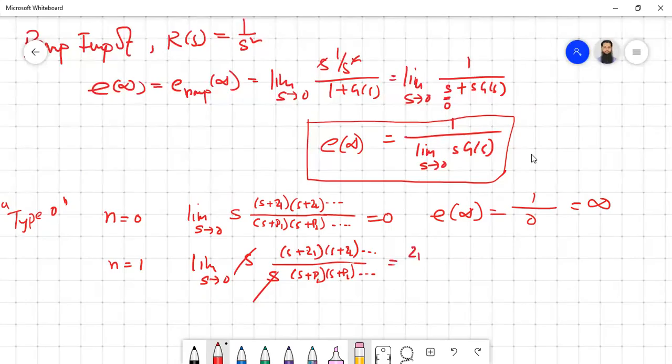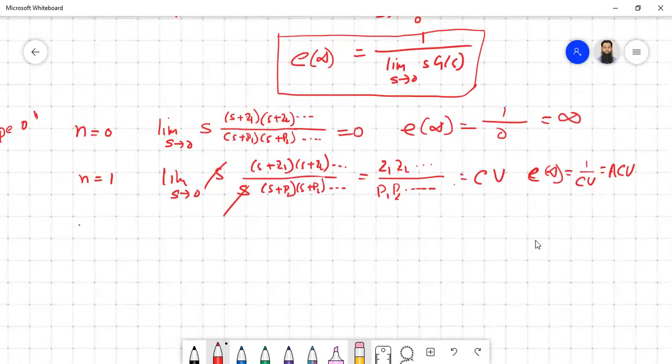So now you will have z1, z2 goes on, multiplication of all of them, p1, p2 goes on, multiplication of all of them. So what you can see here is we are going to get a constant value. So your steady state error will be 1 by a constant value, which is another constant value. So basically a finite value we are going to get.